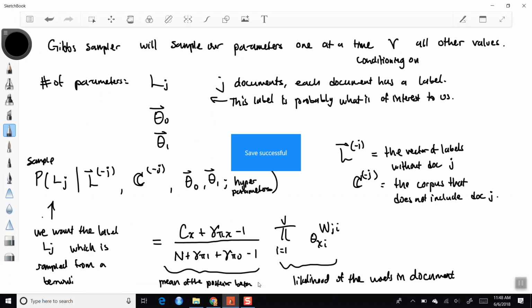Okay, I know I'm running out of time, but I kind of just want to do a small illustrative example. Yeah, Carl. For the count, is that including document J that we're talking about, the document J it is currently in? Or is the minus one taking care of that?